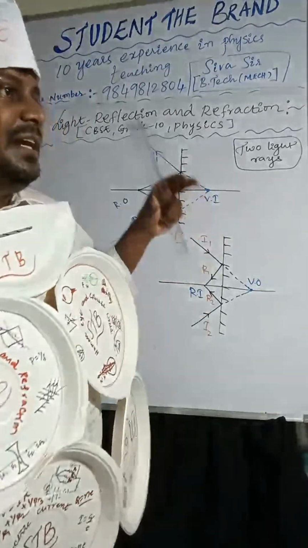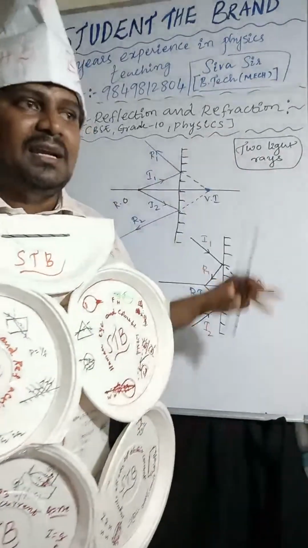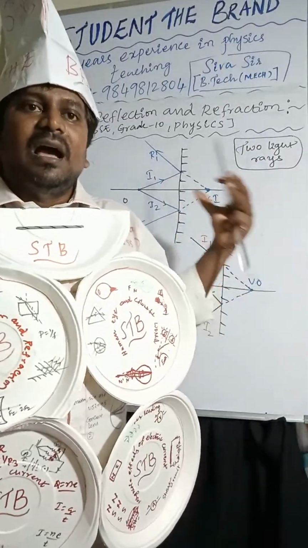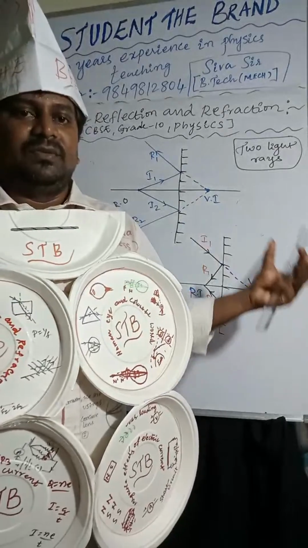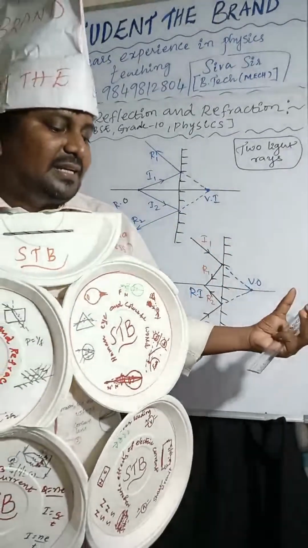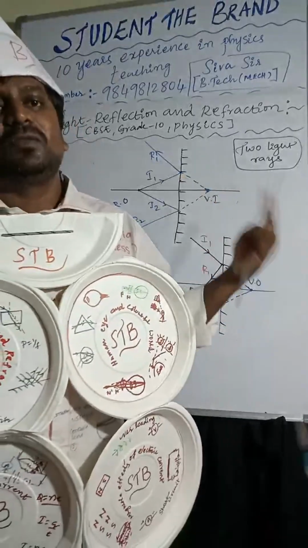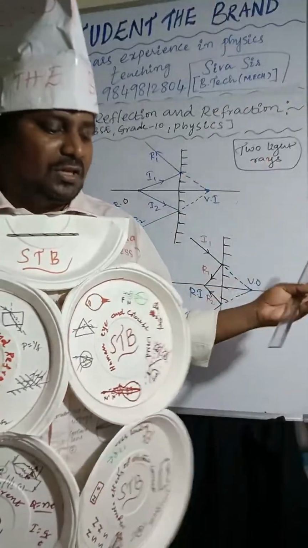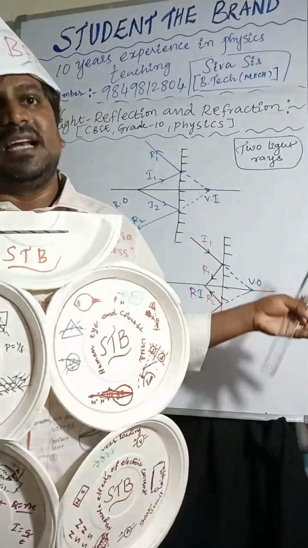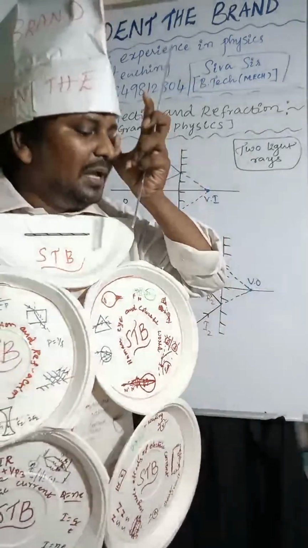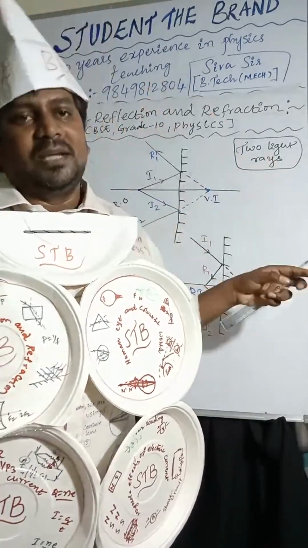Whether it is extended incident rays or extended reflected light rays, that is virtual, whether it is object or image. If it is extended incident light rays, it is a virtual object. If it is extended reflected light rays, that is a virtual image.